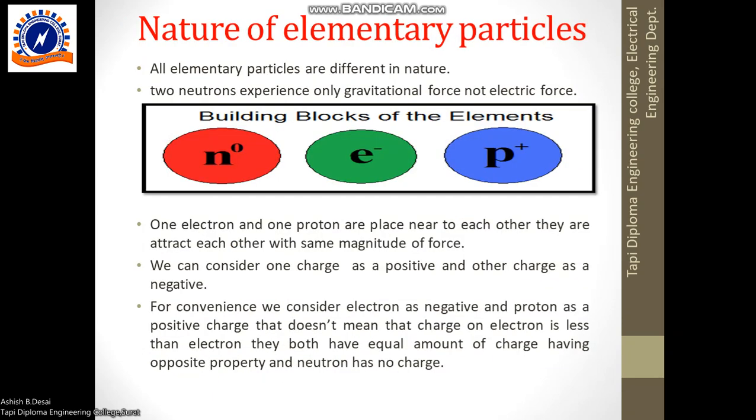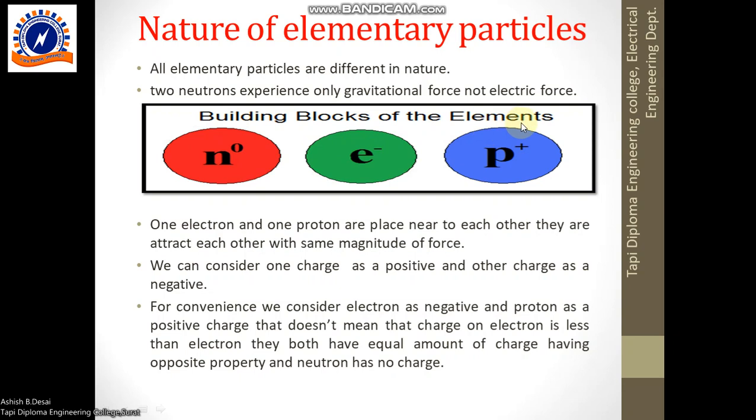Now, we are learning the nature of elementary particles. These three elementary particles have different natures: electron, proton, and neutron. As we see here, the neutron has a zero sign, the electron has a negative sign, and the proton has a positive sign. This zero, negative, and positive defines the nature of these three elementary particles.